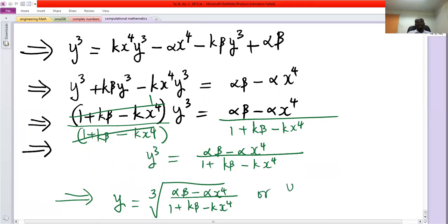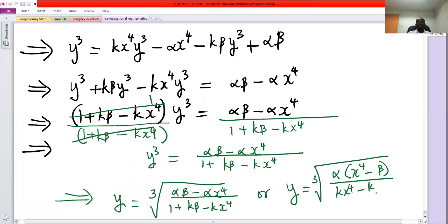Or you can say y equals the cube root, and remember, when you multiply by a negative sign, we'll have alpha into x power 4 minus beta over k x power 4 minus k beta minus 1.